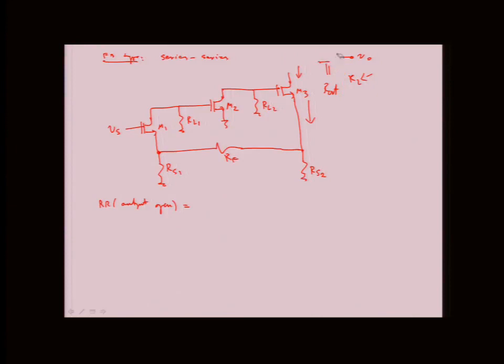I erase this, right? Because I have my output open. Is there any current flowing down? No. So do I have feedback? I don't have feedback. So this is 0, right?